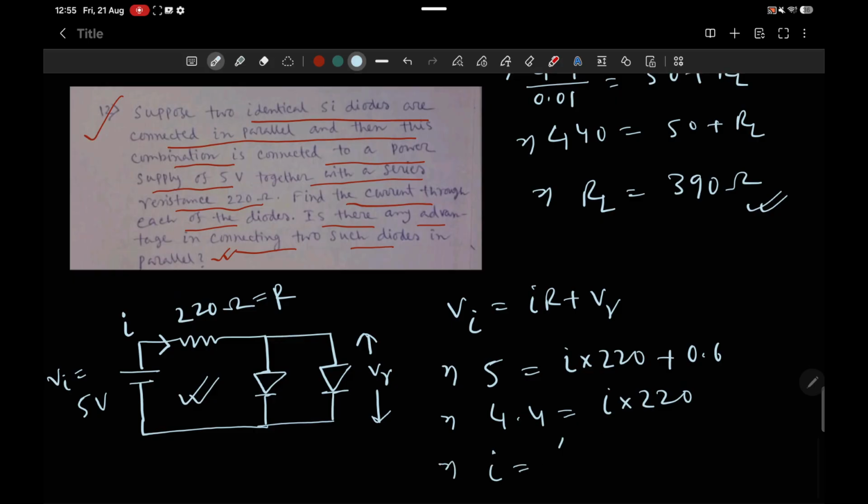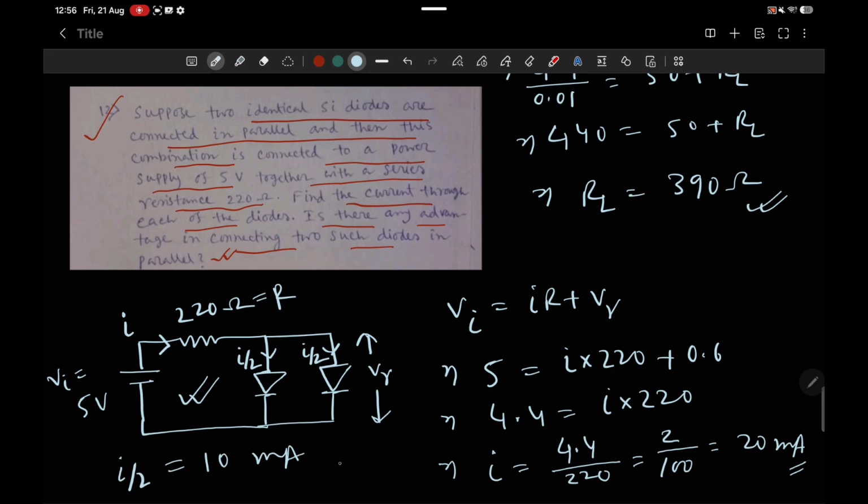So I will be 4.4 by 220, so it will be 2 by 100, right? So it is 20 milliampere. Now as the diodes are identical and connected in parallel, the current through each diode will be I by 2, that is 10 milliampere. This is the answer.